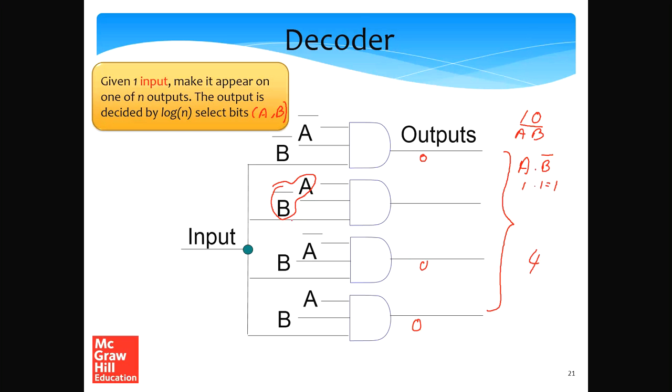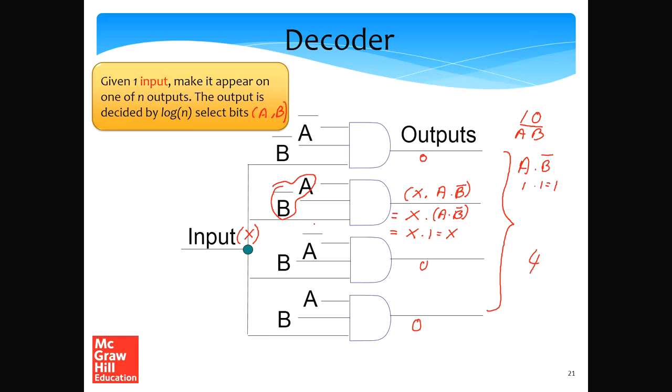For this case, let's consider the input to be x. What are we getting? We are getting x ANDed with A B bar. Using the distributive and associative rules, we can replace this, which is equal to x ANDed with 1, which is x.